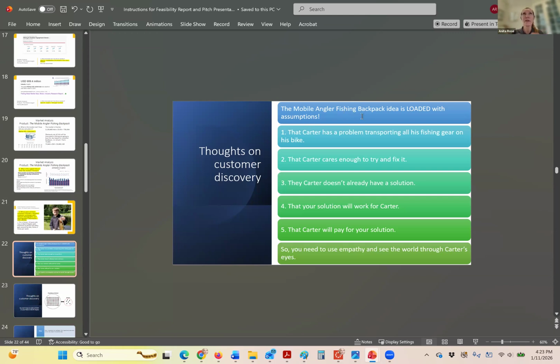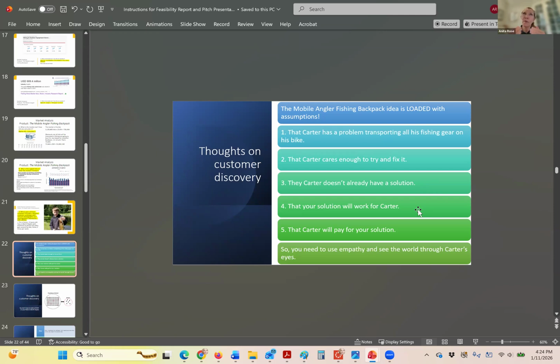We want to think, okay, we have this persona, we have this Carter who is our customer who's going to be using the backpack, but that whole idea of this mobile angler fishing backpack is really loaded full of assumptions, such as that our customer, Carter, has this problem transporting the gear on his bicycle, that Carter cares enough to want to try to fix the problem, that Carter doesn't already have a solution, and that the solution will work for Carter, and that Carter will pay for the solution.